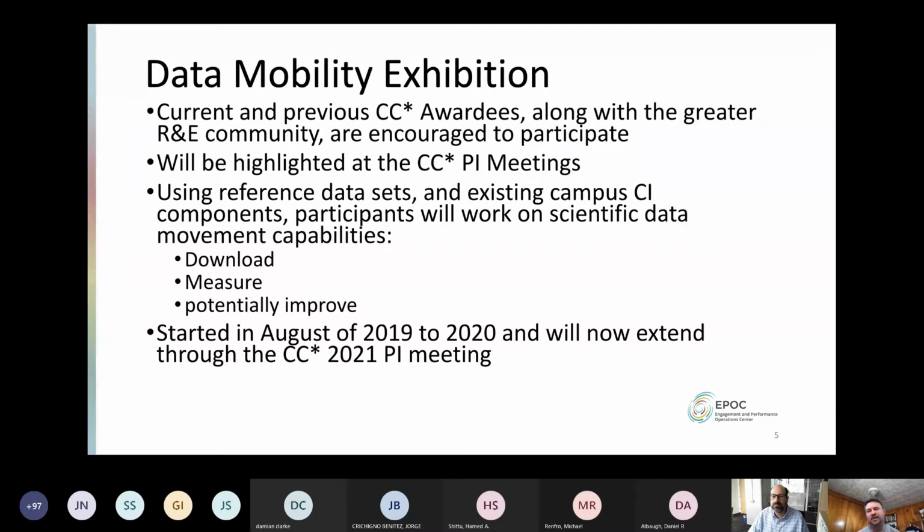You can use reference data sets to test your existing components, your cyber infrastructure as you're going through this, as well as when you're making changes, any sort of updates, putting in a Science DMZ, or putting in a Science DMZ concept for a different type of data set or a different type of workflow or instrument. All these things can be reference tested with this program. So going forward, you can download or upload data sets, measure accordingly, and then, like I said, if there's opportunities to improve, you want to see how far you can get, we can help you with those to try to get those pieces tuned out.